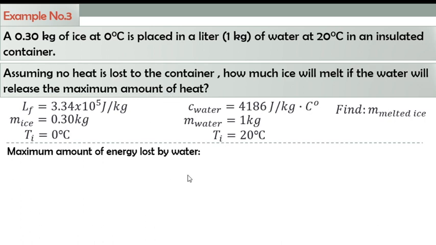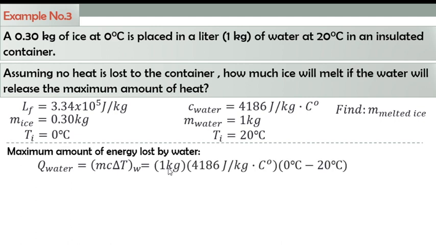So therefore, computing for the maximum amount of heat lost by the water, we will have Q of our water is equal to mc delta T, which by substitution will give us 1 kilogram of water as its mass times 4,186 joule per kilogram times Celsius degree as the specific heat capacity of water times the change in temperature of our water, 0 degrees Celsius minus 20 degrees Celsius.